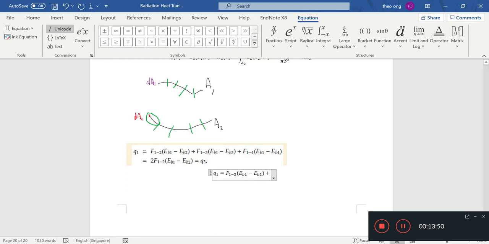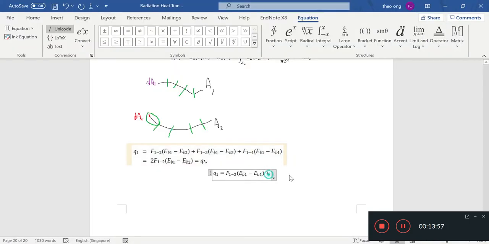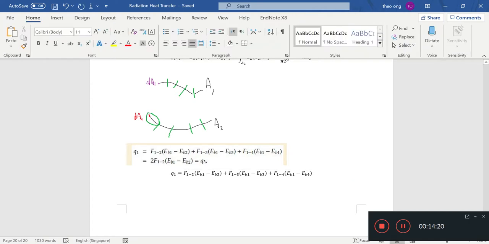This is the first term, which is the net radiative heat transfer between these two surfaces. Then F1 to 3, EB1 minus EB3, plus F1 to 4, EB1 minus EB4. Again, EB1 and EB3 are the same, so we can just eliminate that.